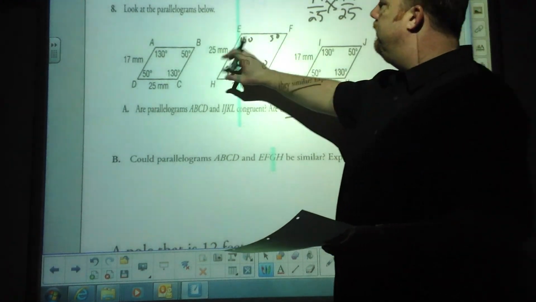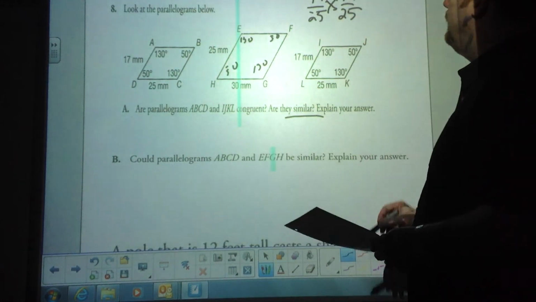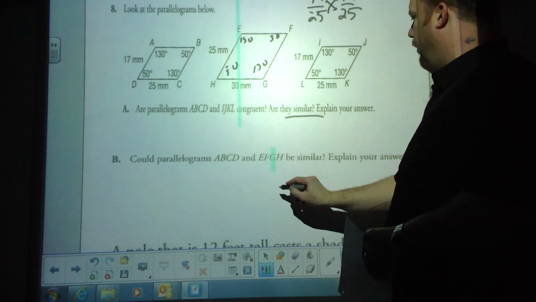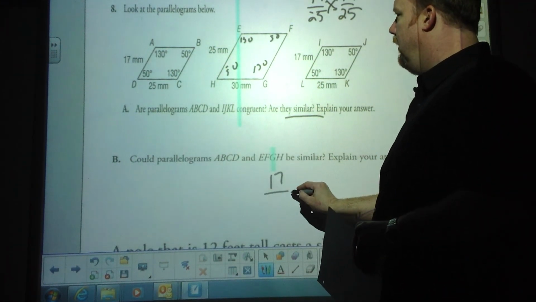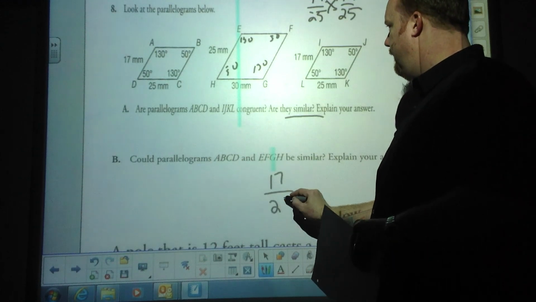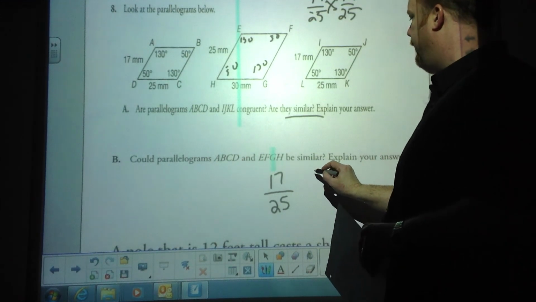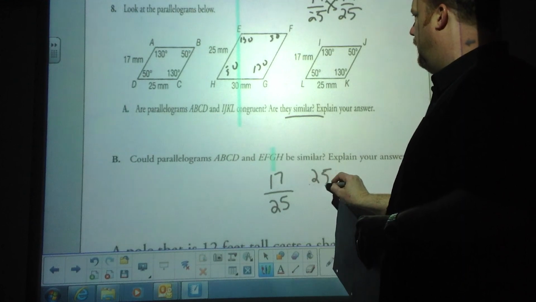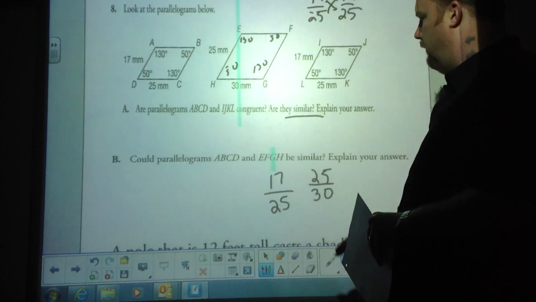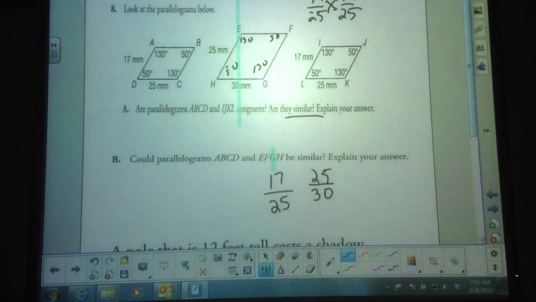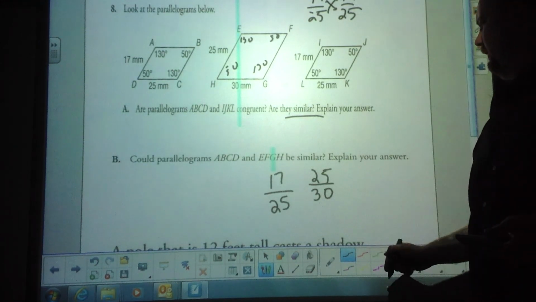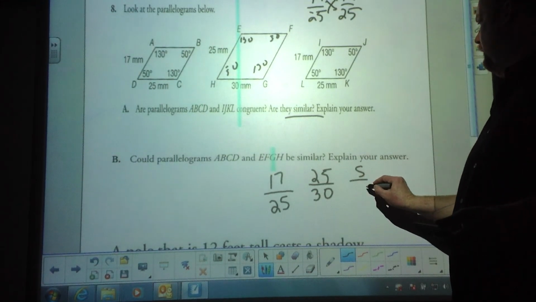Are they proportional? Is 17 over 25, and I'll do the work down here, proportional to 25 over 30? Well, I can reduce this to 5 over 6.